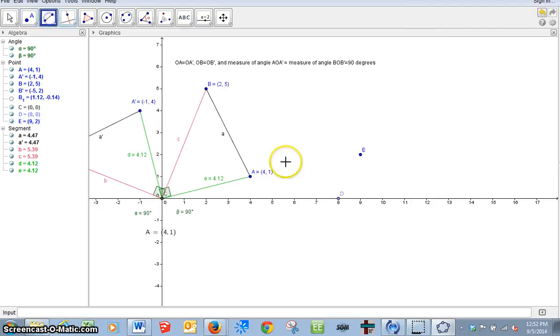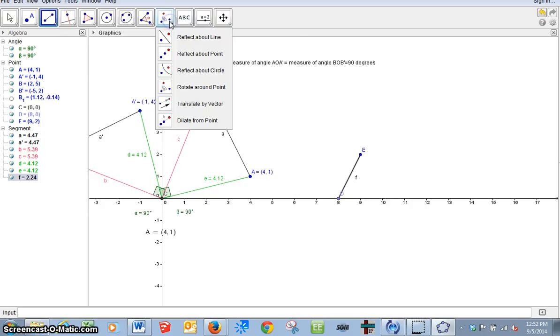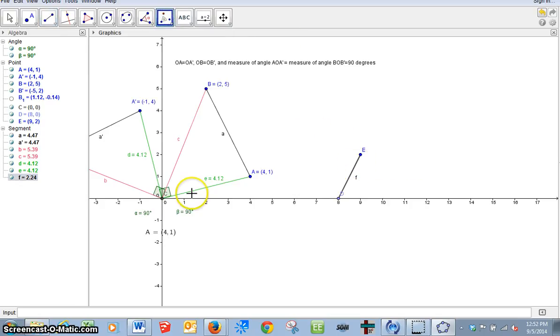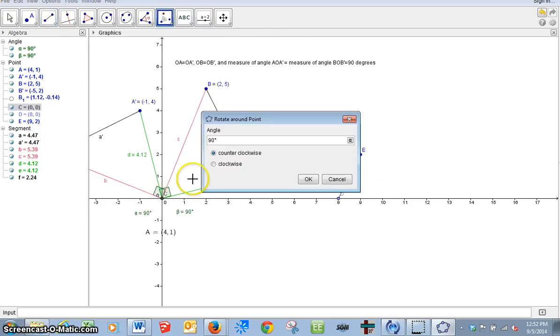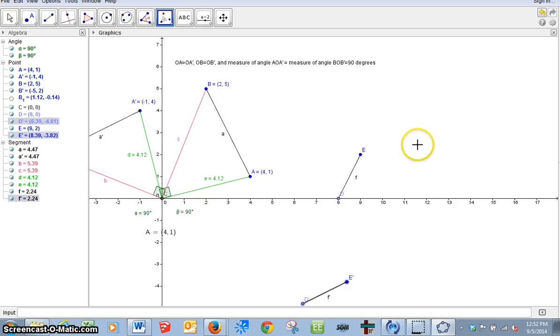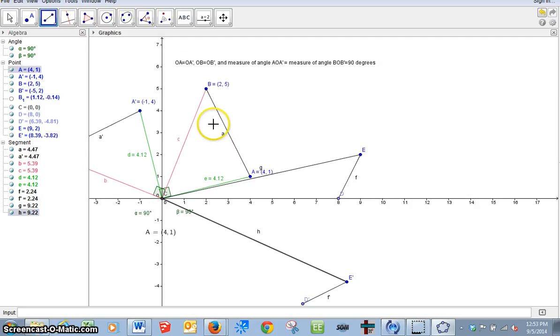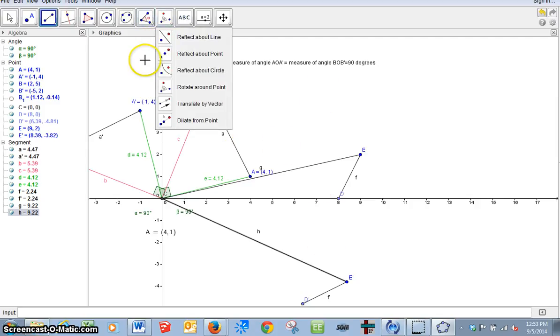And we were to connect those points, and we were to then rotate this segment around the origin, and let's go 90 degrees clockwise, but I would like to demonstrate something other than 90, so let's go 37 degrees clockwise, and then we want to create a segment from E through the origin and from E prime to the origin. And what's our prediction for the measure of that angle?